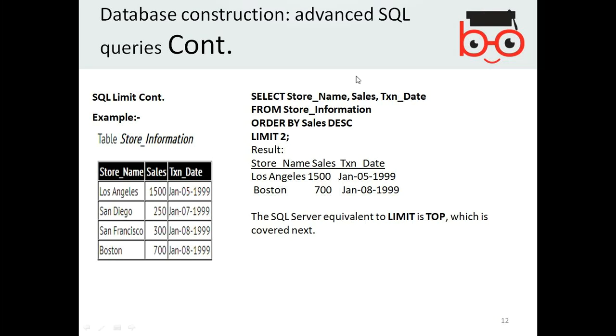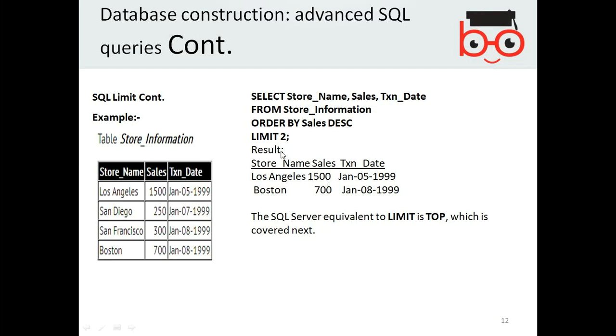And it says select store name, sales, and transaction date from store information, this is a table, order by sales. Sales is the order. Like it's asking you to sort as well, in descending order, like the decreasing.